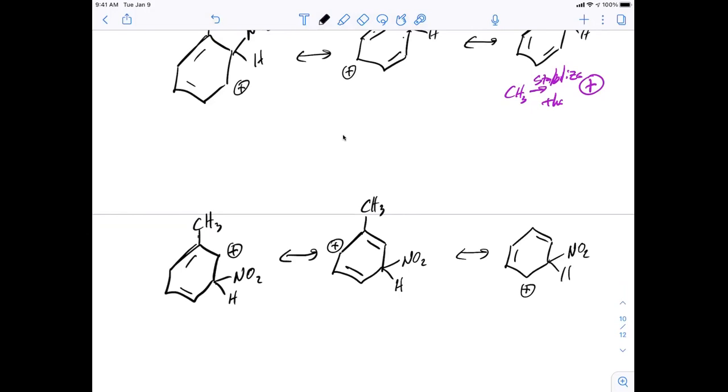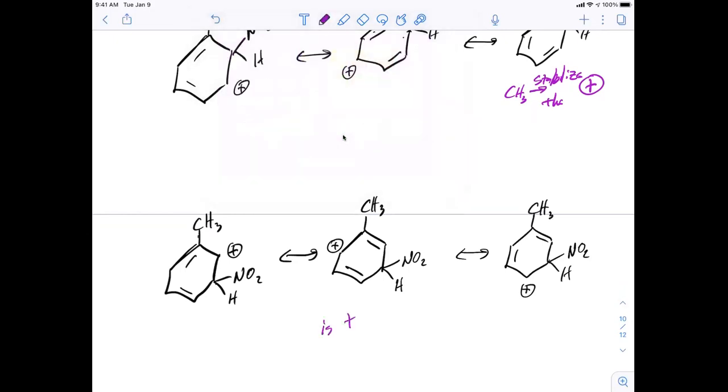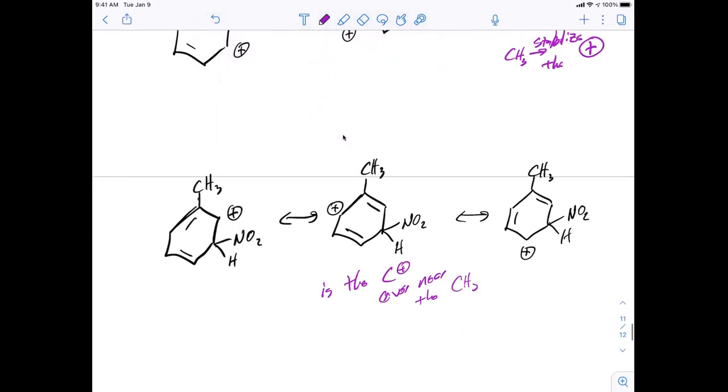But what do you notice about the meta addition? Is it ever near the CH3?